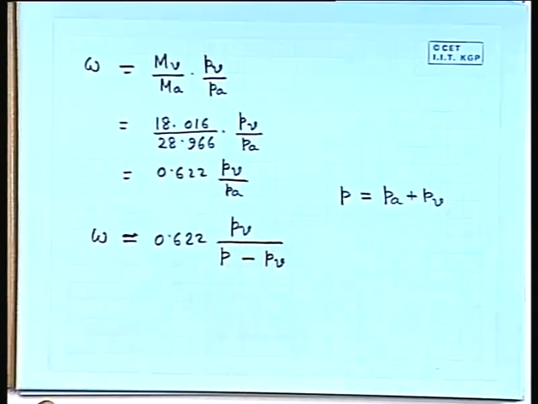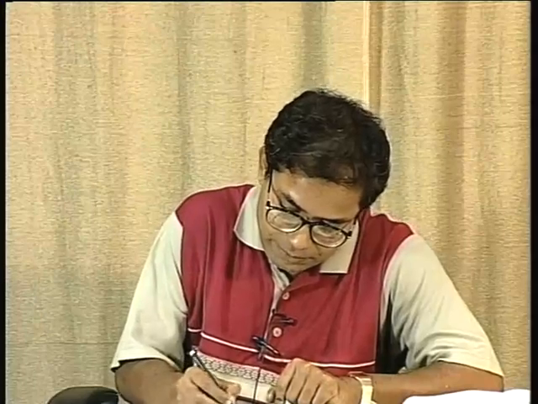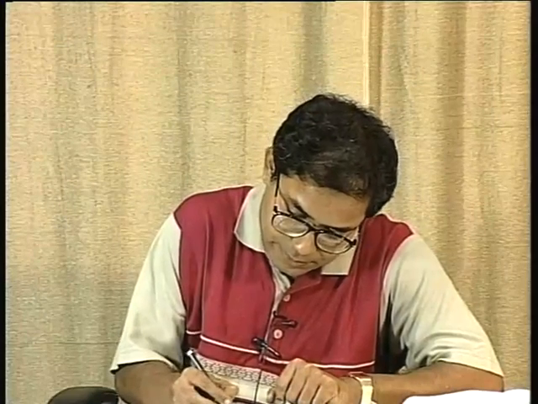Generally the amount of water vapor in a mixture is very small, so its partial pressure will also be small. So, now we can use this expression: 0.622 Pv by P.